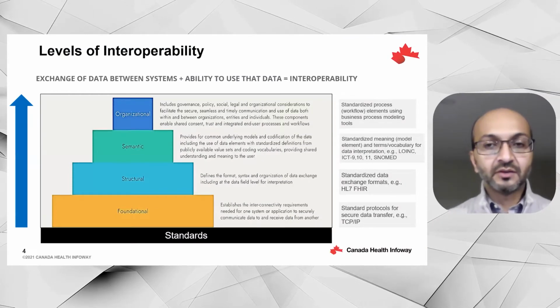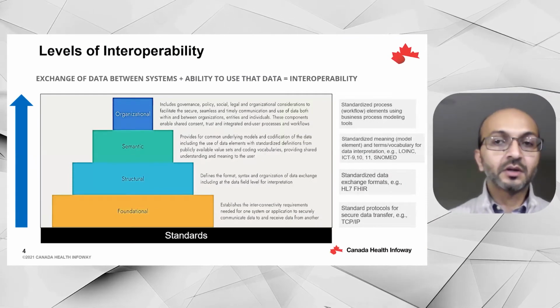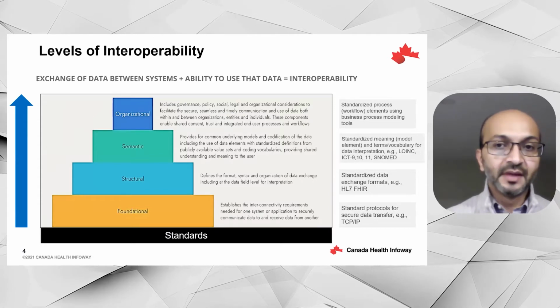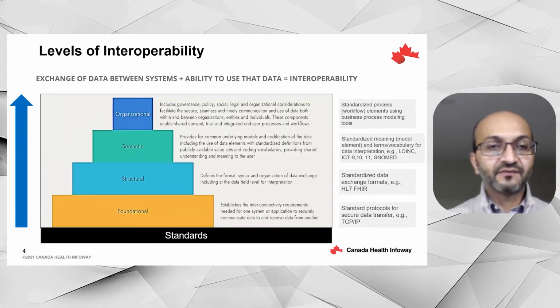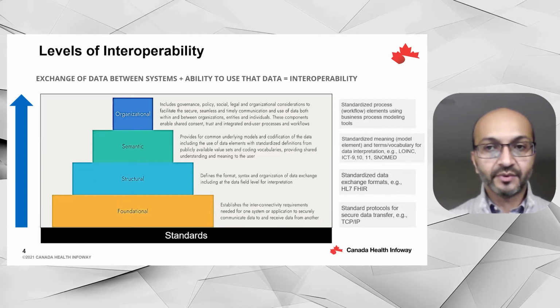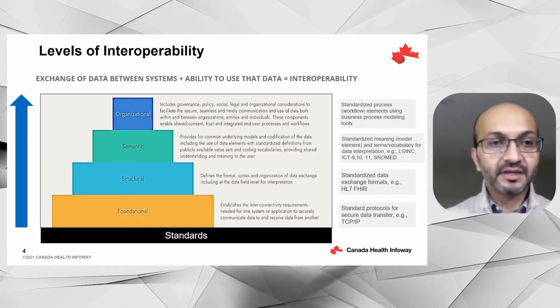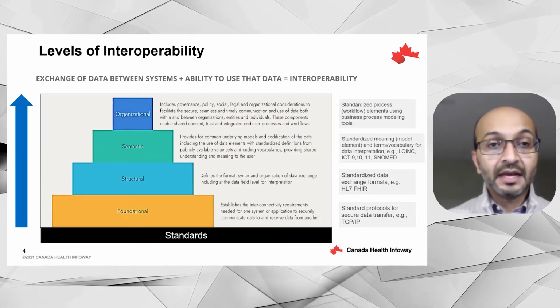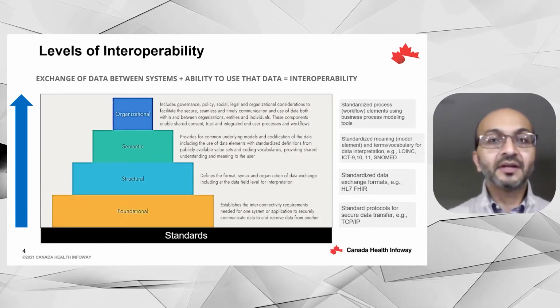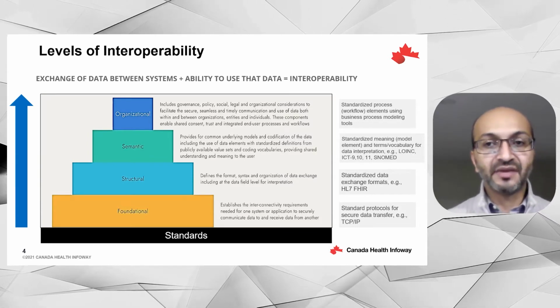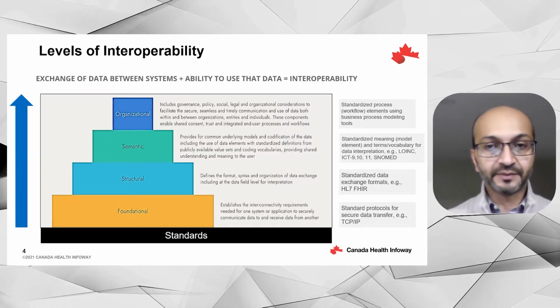Before I dive into the program in detail, I want to talk a little bit about interoperability and the various levels at which organizations achieve interoperability. To me, the simplest definition of interoperability is the ability to exchange data between various systems and the ability to actually use that information in a meaningful, objective, consistent way.